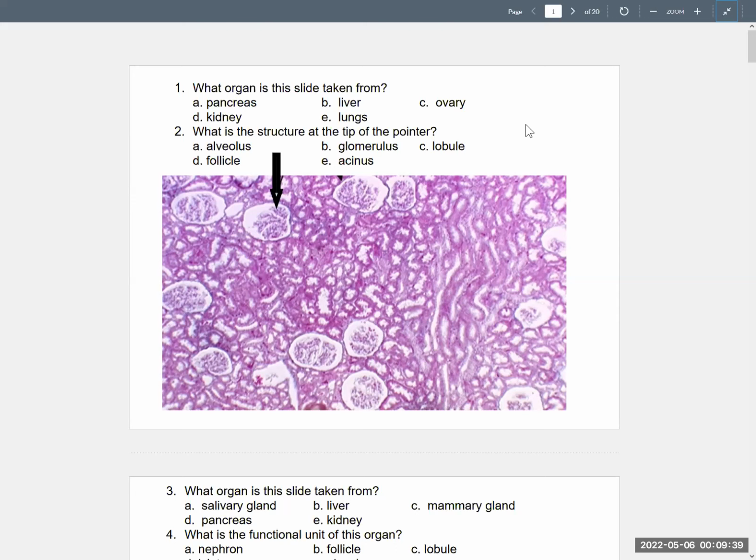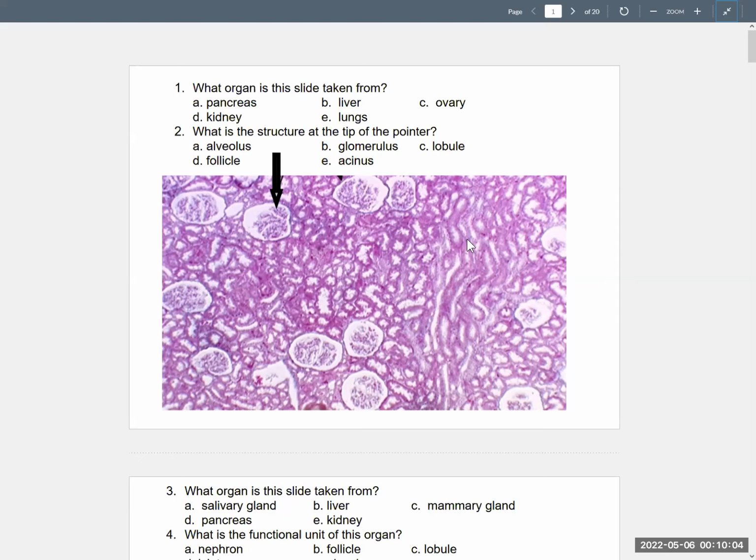You're right. Now, could it be pointing to Bowman's capsule? Well, actually, the point's a little bit off. Bowman's capsule's here, but Bowman's capsule is not one of the answers. So I try to keep the answers distinct so that if you get it right, you're not going to get confused with something else. Anybody want to ask anything about this one?